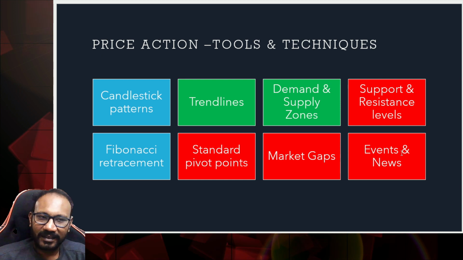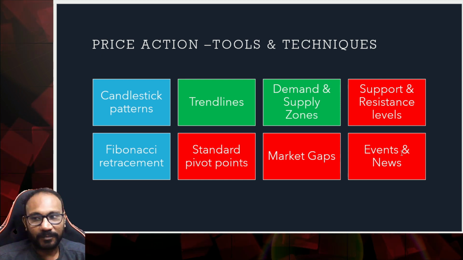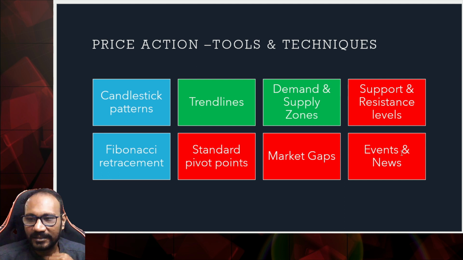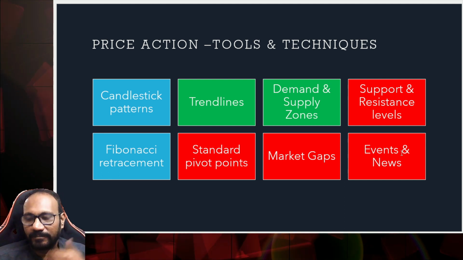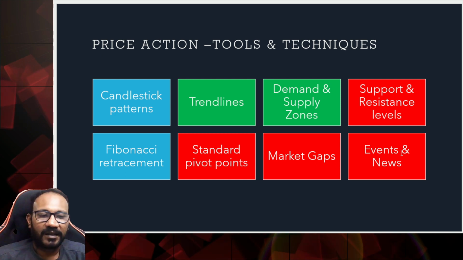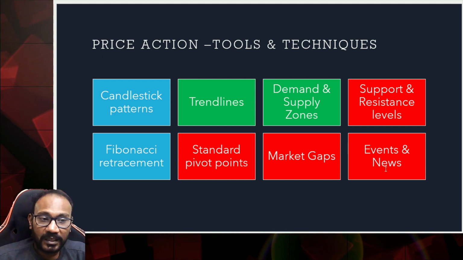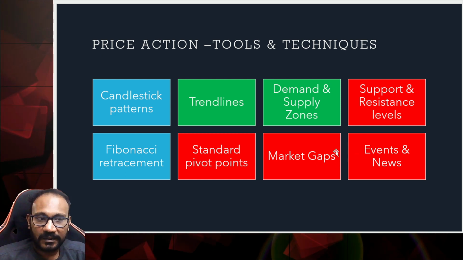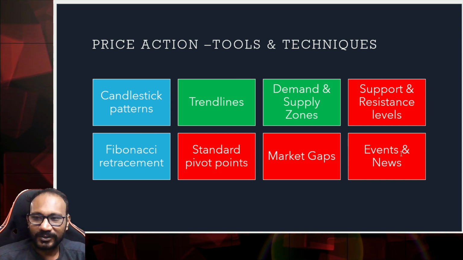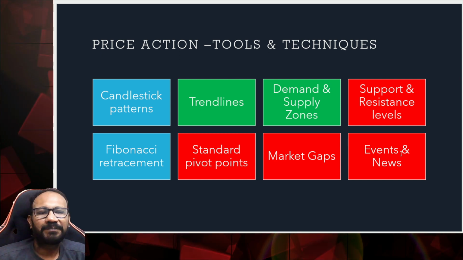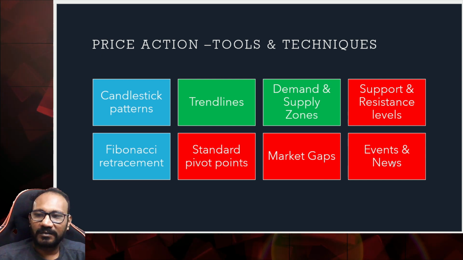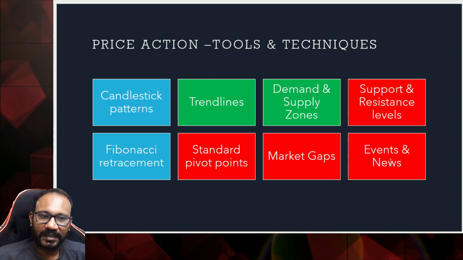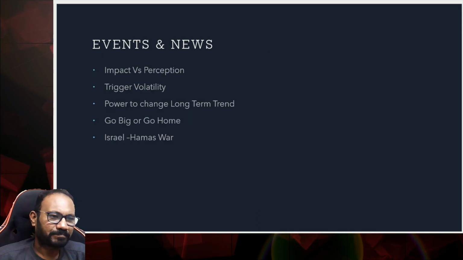And there are events and news that could potentially impact the trend or the market in a way that is beyond our imagination. How we go about all these four is going to be the crux of today's video. In line with this, I am going to discuss the first concept, that is events and news.